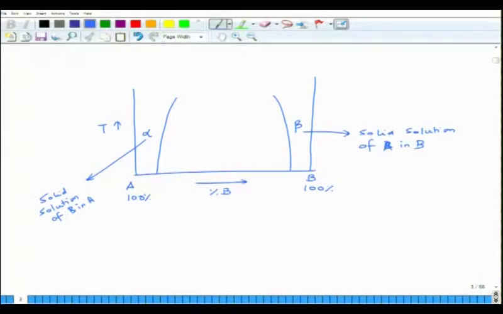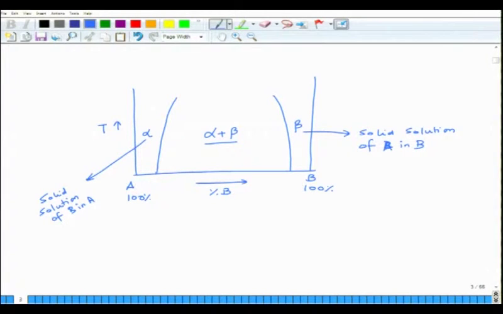Between these two, it gives a mixture of alpha and beta. This is one simple example. There are more complicated examples where other phases may form, but this is one simple example of where solid solubility is limited.